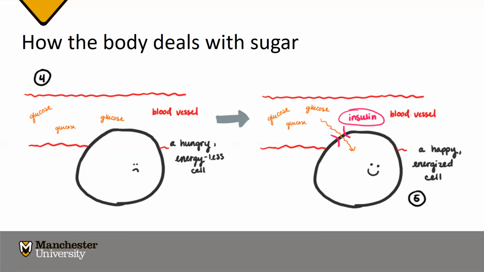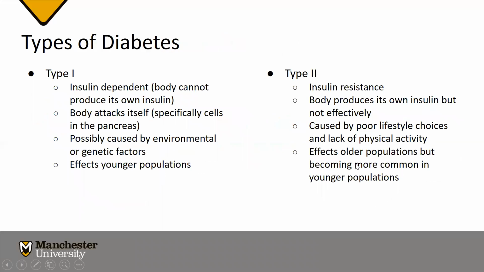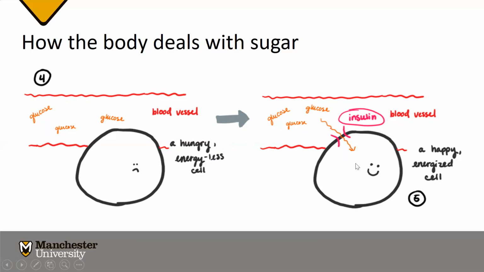In a normal individual without diabetes, you'll have a range of about 70 to 100. When someone starts to develop diabetes, insulin is decreased, so you get more blood glucose circling around and not getting into cells.